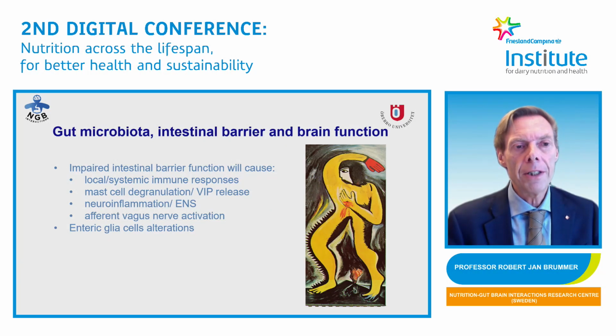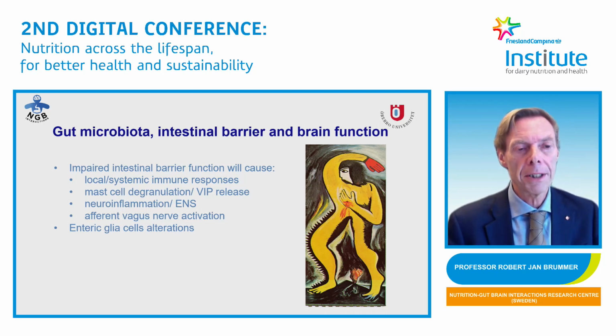So if we try to combine this together, how can then the microbiota intestinal barrier affect brain function? Well, what I already explained is that impaired intestinal barrier function causes a local, but after all also a systemic immune response.